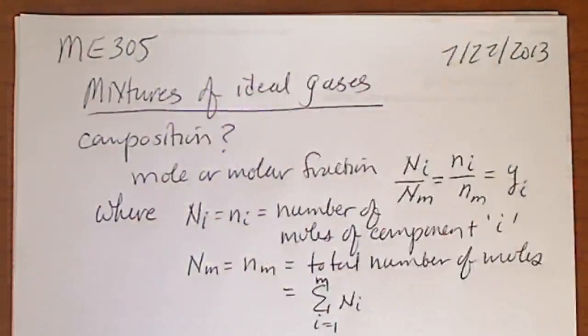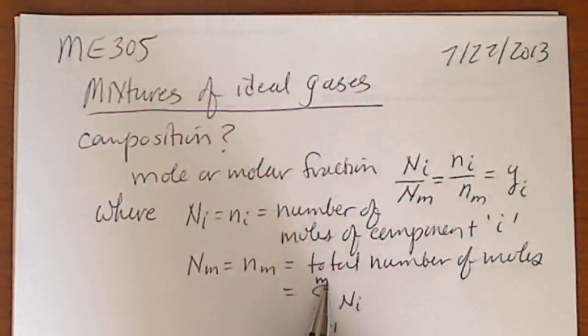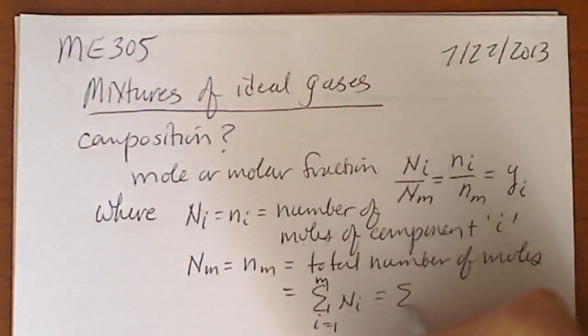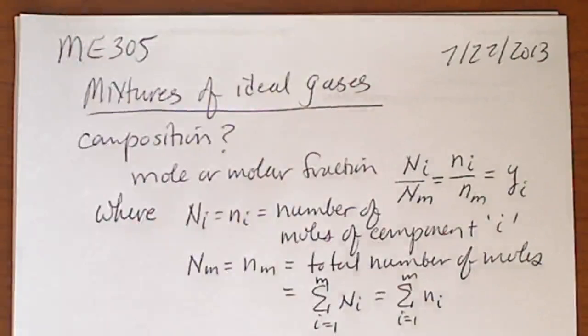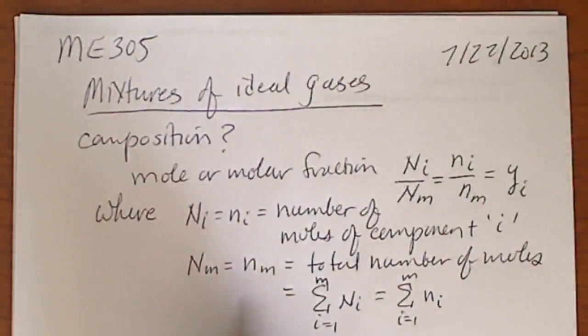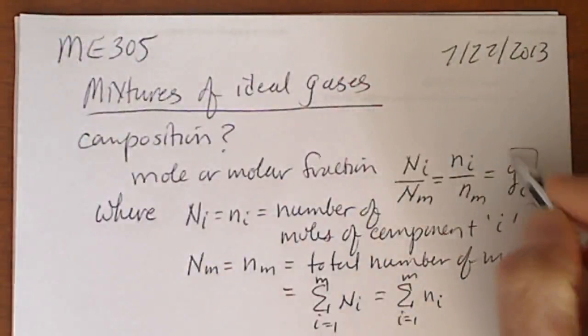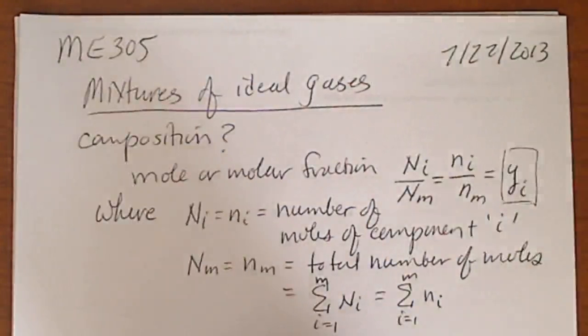He doesn't say in the book in terms of the notation, and I'll just say we have M components in the mixture. So if we add all of those up, the total number of moles, that gives us N_M. So that fraction, we call that the molar fraction, mole fraction.